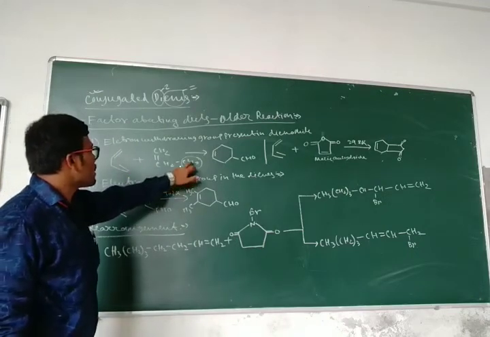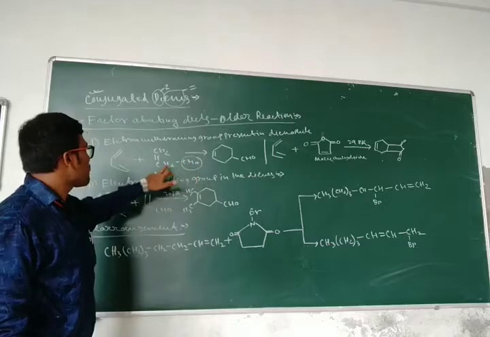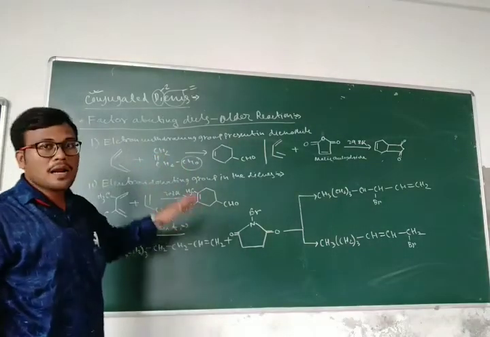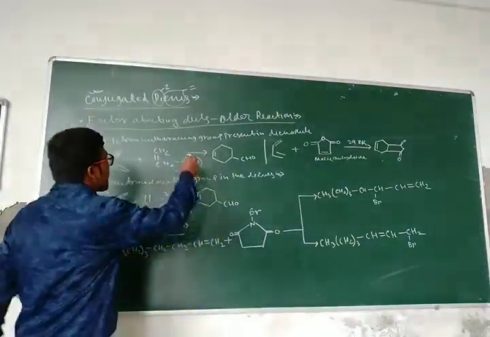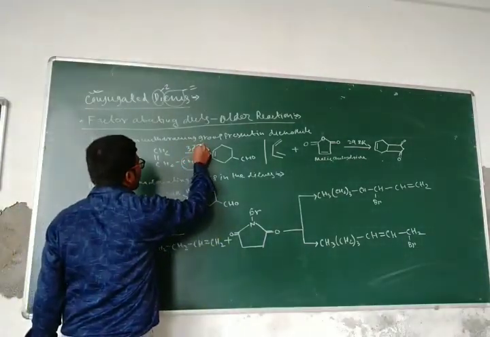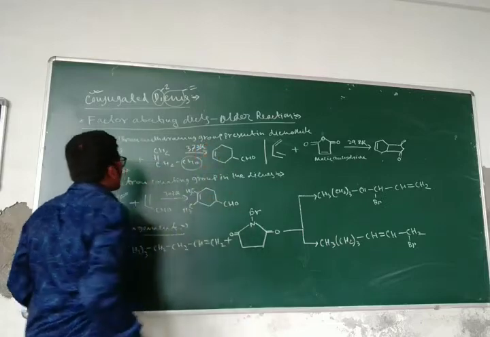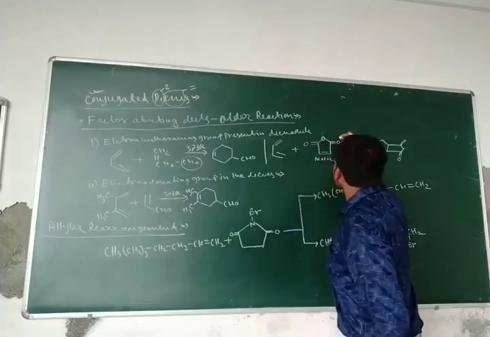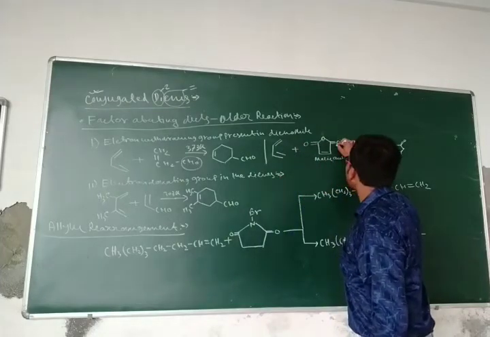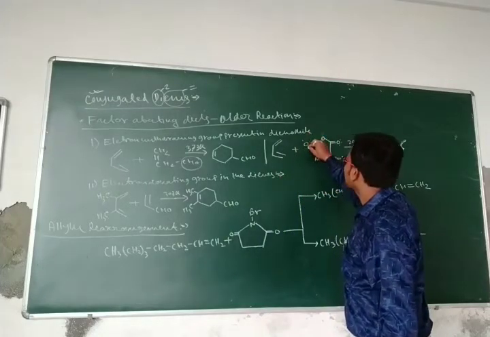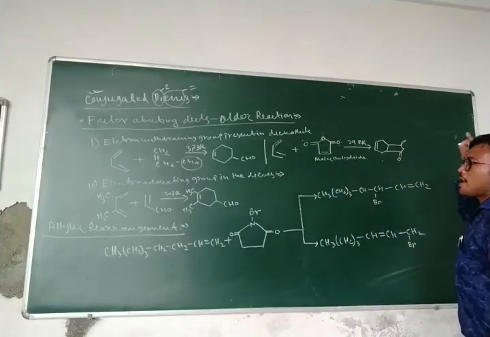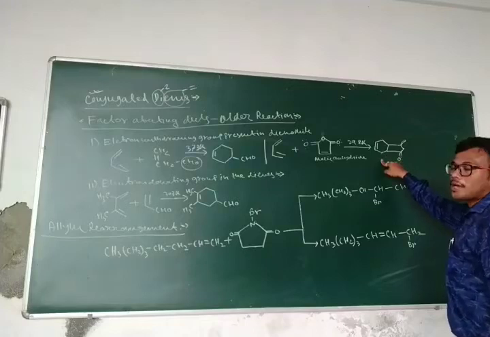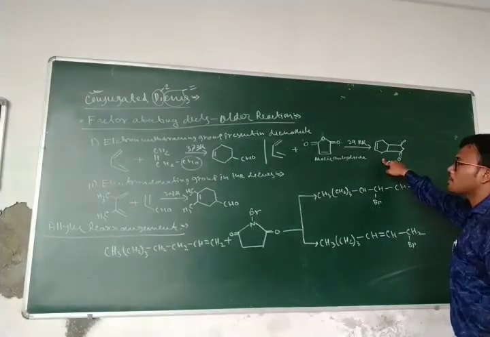Now when one electron withdrawing group is present in the reaction, the rate of the reaction varies. Okay? What happened? In the next reaction, when two electron withdrawing groups are present, the mechanism is the same, and the production of the final compound is the same.